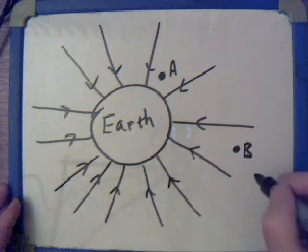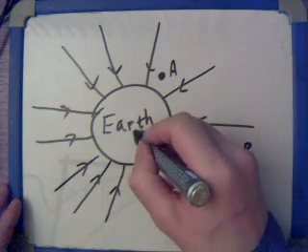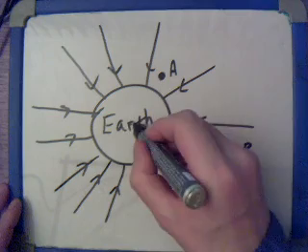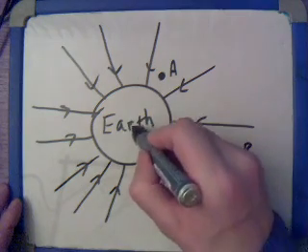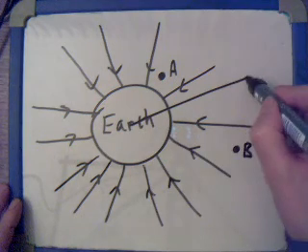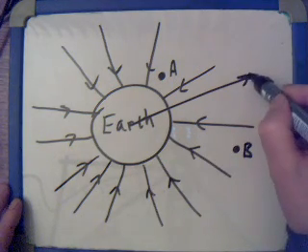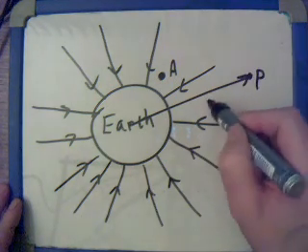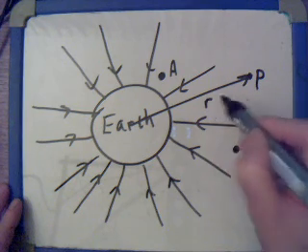Now, those field lines can be represented by the gravitational field strength. Let's take from the very centre of the Earth, and let's go out to another point P, a distance r away.